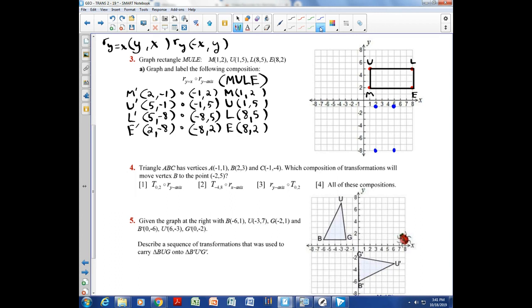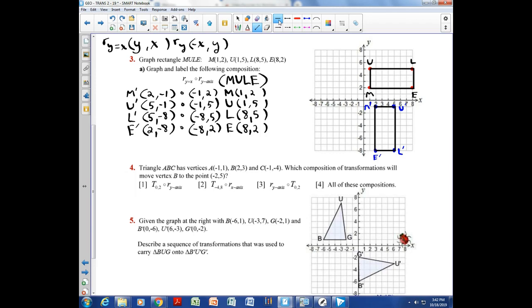This was my M prime, my U prime, my L prime, and my E prime. I'm going to connect them: M, U, L, E. And there you have it. That is the composition of MULE into M prime, U prime, L prime, E prime.